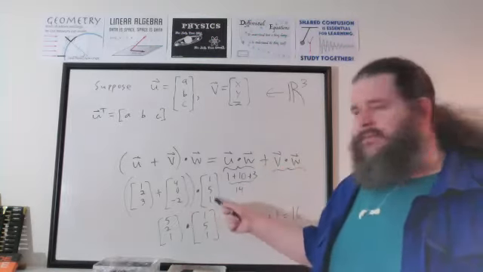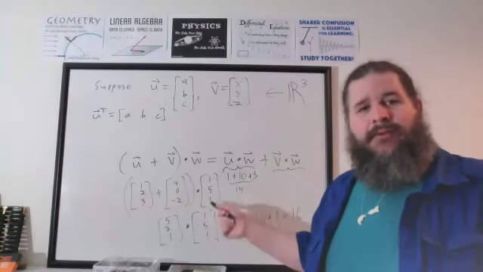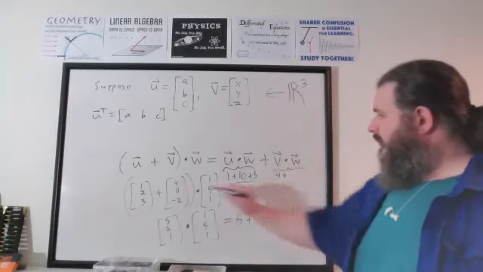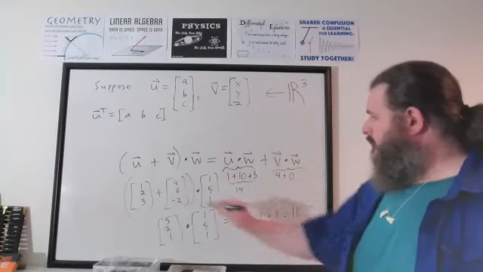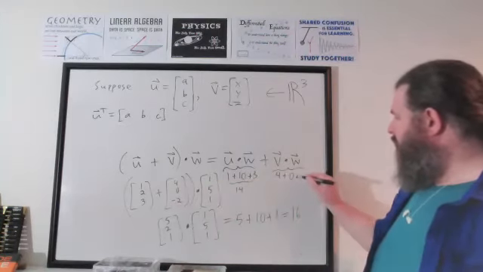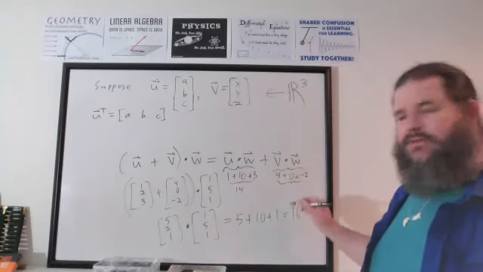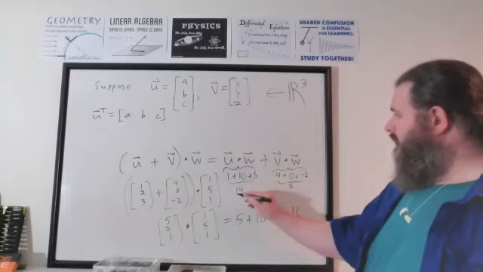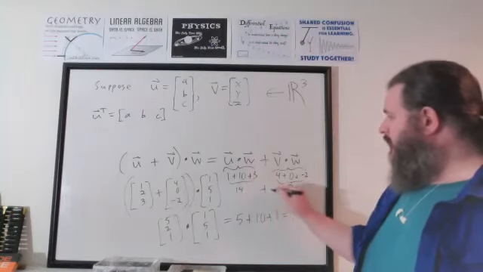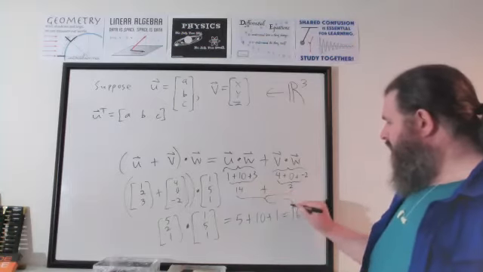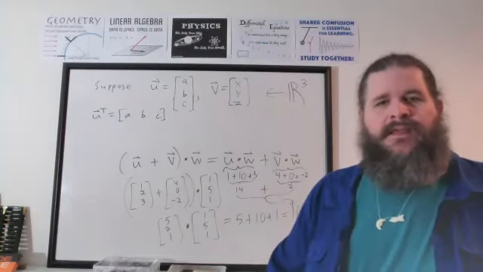And then V dot W. If we take that dot product separately, 4 times 1 plus 0 times 5 plus negative 2 times 1. So 4 plus 0 plus negative 2 would just be 2. 14, that's u dot w, plus 2, that's v dot w, is indeed the same as 16.